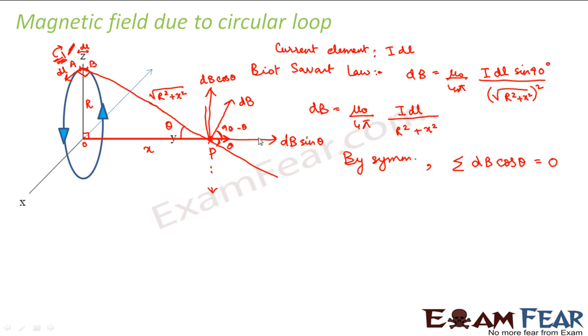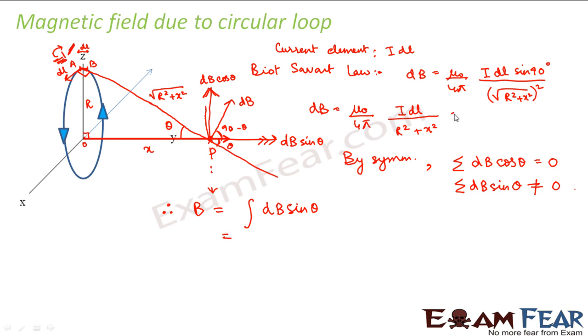All sin thetas will come in this direction, but half of the cos thetas will come in this direction and half in the opposite direction. So the summation of all dB cos theta will be 0, but the summation of dB sin theta will not be equal to 0. Therefore, what would be the net magnetic field? That will be the integration of dB sin theta, because dB sin theta is the only non-zero one.